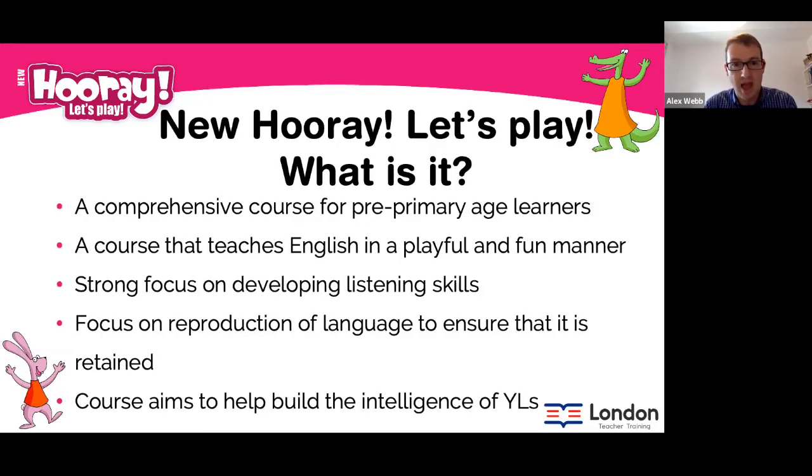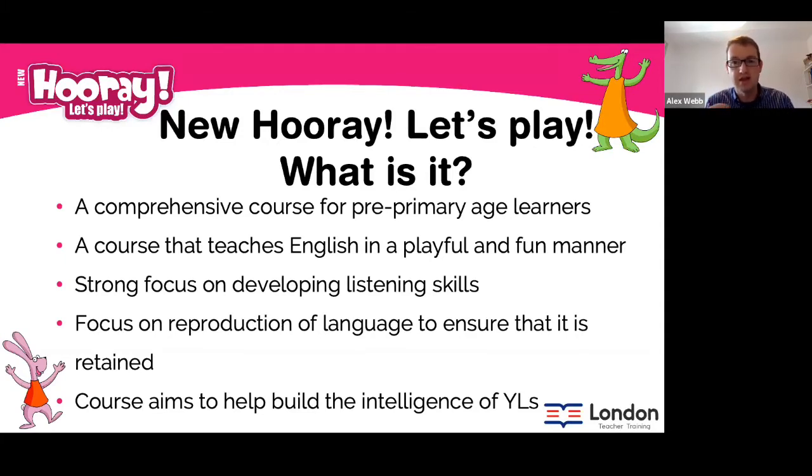Okay, so we'll start off with what is New Hooray Let's Play? It's a comprehensive course for pre-primary age learners, and it has 3 different levels: Starter, A, and B. It's a course that's intended to teach English in a really playful, fun, enjoyable way for the students. The intention is that the students are using their senses to learn.